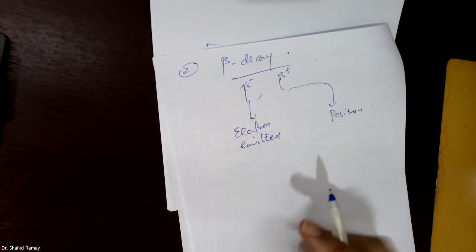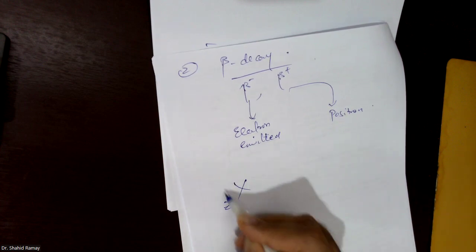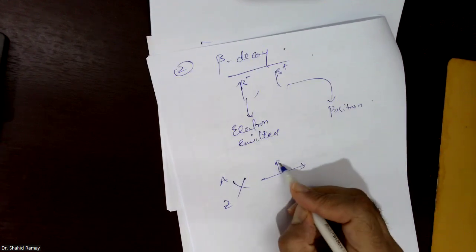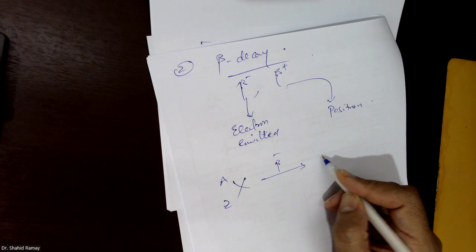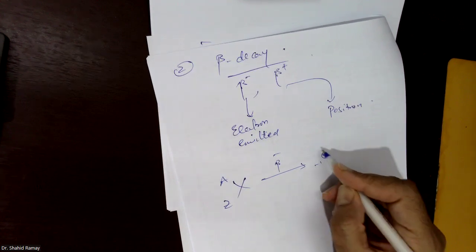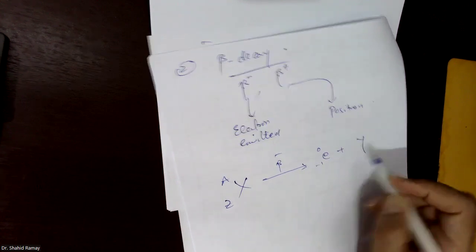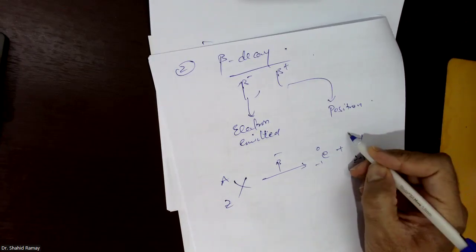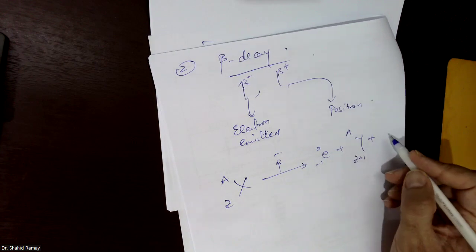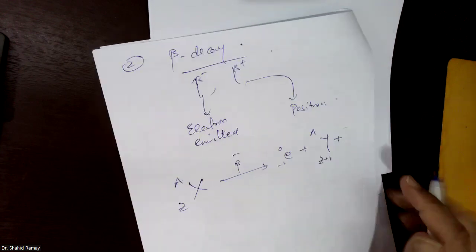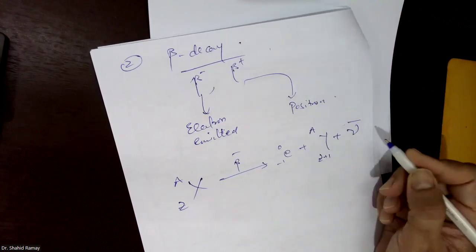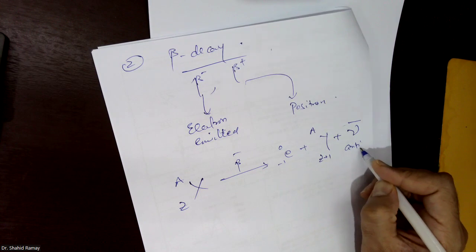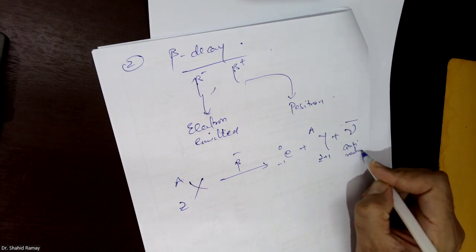Okay. So if we have X with Z and A, and we have a beta minus decay, then we write the relation like this, an electron plus Y. This is the parent element, this is the daughter, Z plus 1 and A, plus some other particles are emitted, and we denote it like this, and this is called antineutrino.